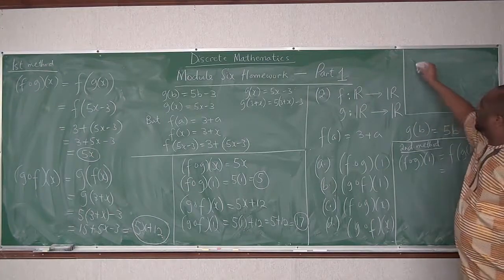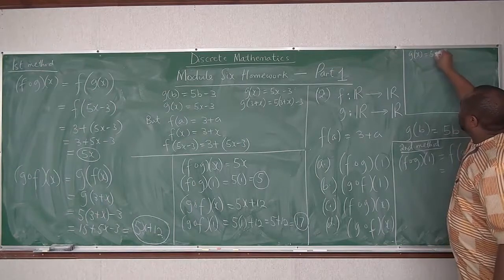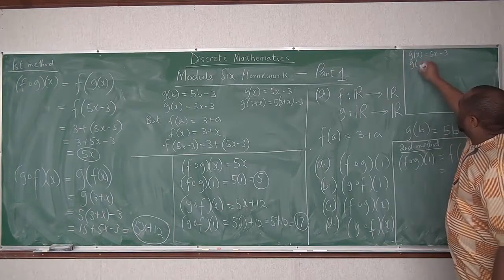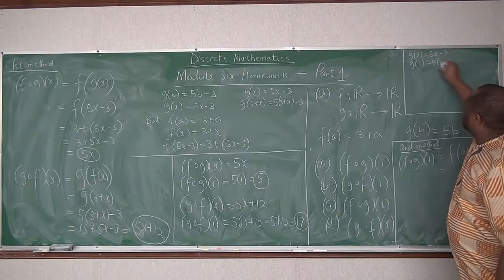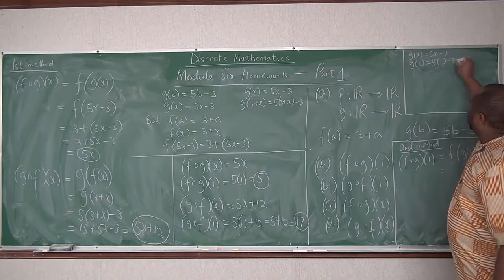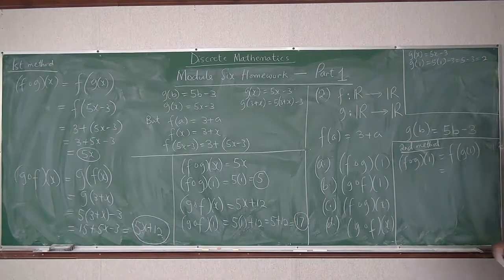Now, our g of x is 5x minus 3. So g of 1, anywhere you see x, you put 1. So this is 5 times 1 minus 3, which is 5 minus 3, which is 2. Okay, so this is f of 2.